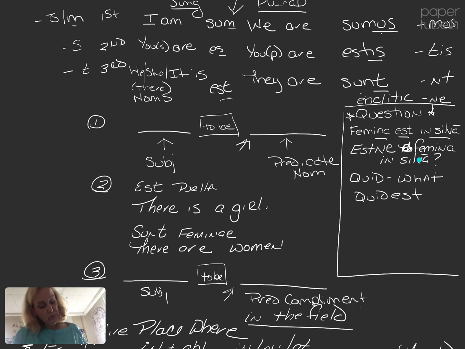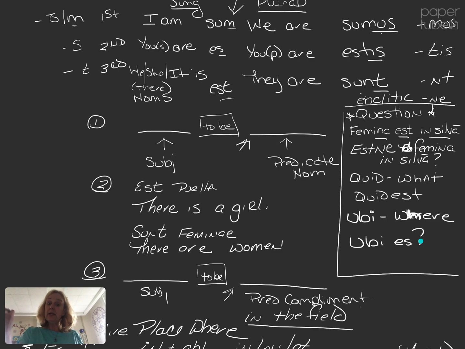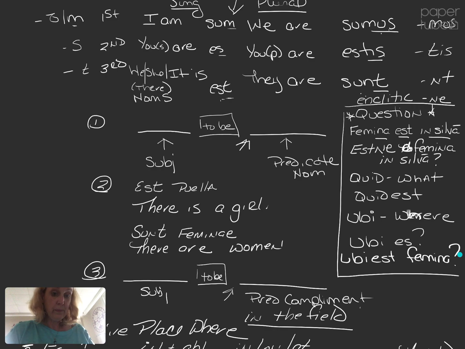We will also learn ubi, which means where. So if I say ubi es, where are you? In ludo, in school. You might also say, where is the woman? Ubi est femina. So I hope you find these notes helpful.